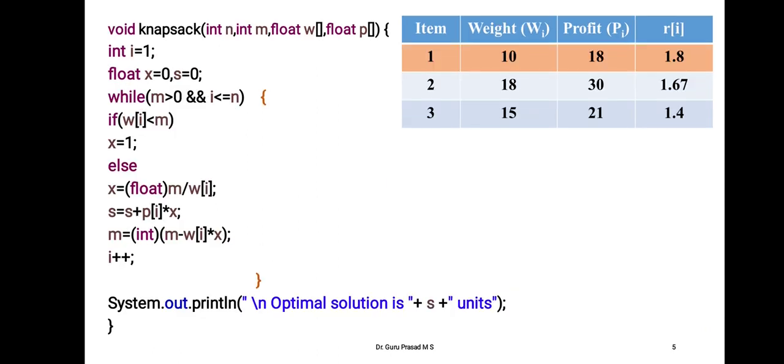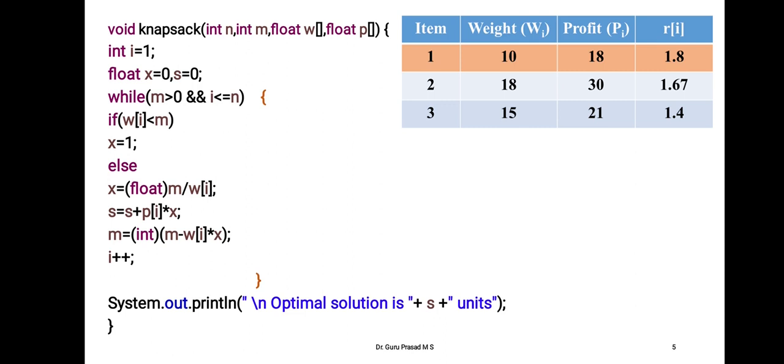Next, the knapsack problem. The knapsack function parameters are n indicating number of items, m indicating bag capacity, w the array of weight, p the array of profit. Here is written the while loop: while m greater than 0 and I less than or equal to n. If both conditions are satisfied, the control comes inside the while loop. Inside the while loop, there is one if condition.